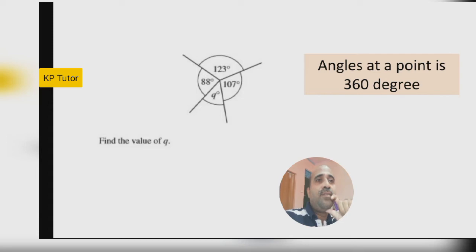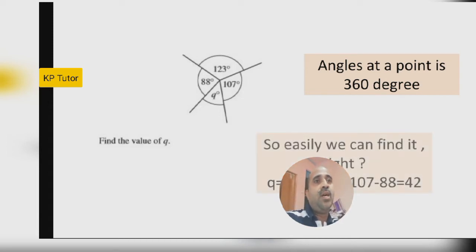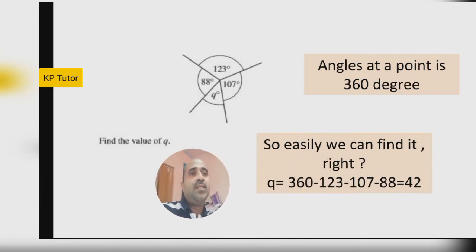Angles at a point, we know, sum to 360 degrees. So easily we can find it, right? Q is equal to 360 minus 123 minus 107 minus 88. That answer is 48. So you have to just remember, in a question like this, angles at a point is 360 degrees.